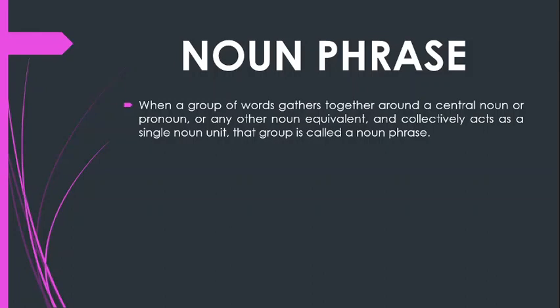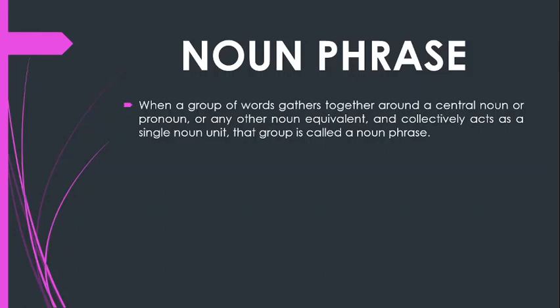You simply question the verb in a sentence with what, who, whom in case of an object, and whatever answer you get, that is the noun phrase. The only catch here is that you have to be very careful to notice whether in that answer there is a finite verb or not.